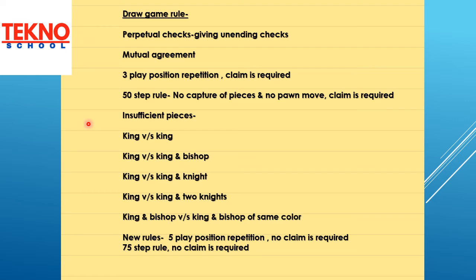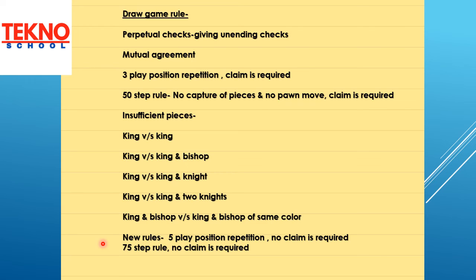Here also a claim is required. Insufficient pieces. King versus king, king versus king and bishop, king versus king and knight, king versus king and 2 knights, king and bishop versus king and bishop of the same color.